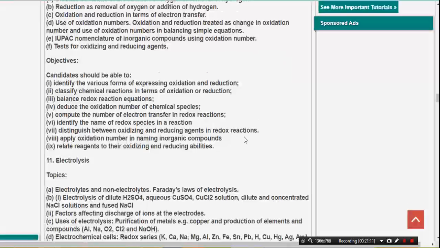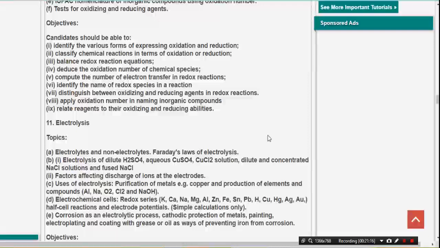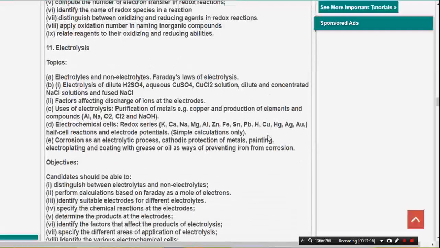You can see the objectives here. Number 11 is electrolysis.